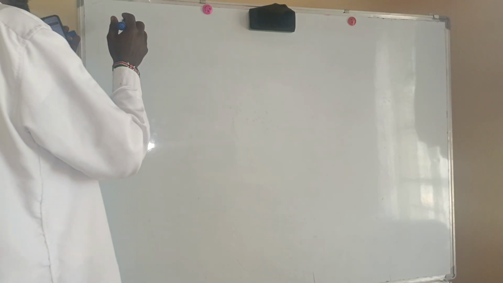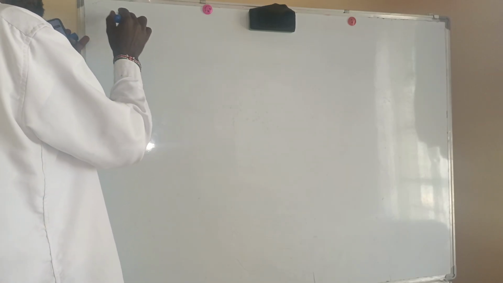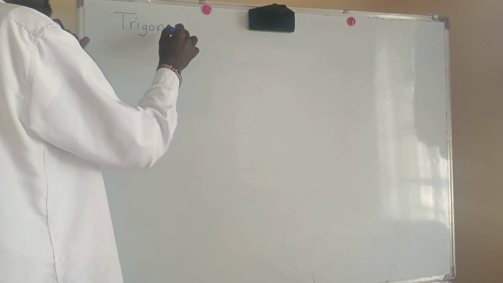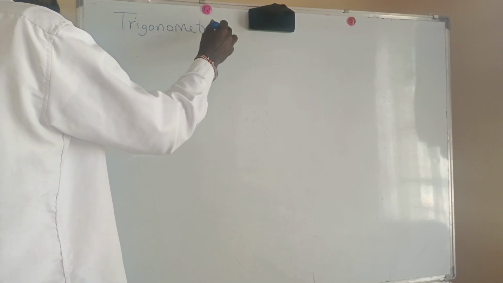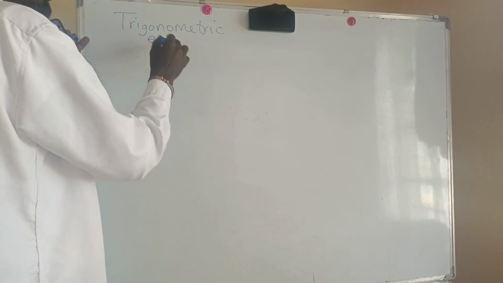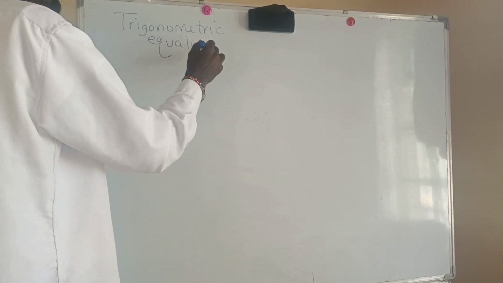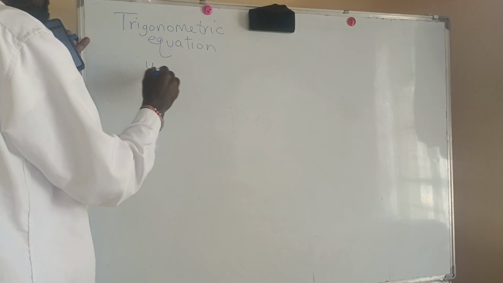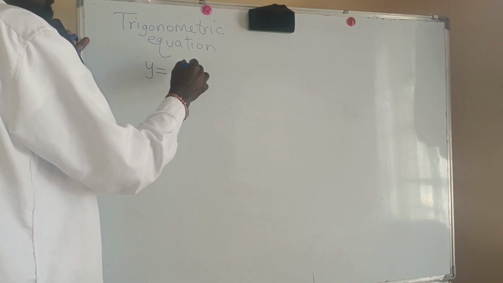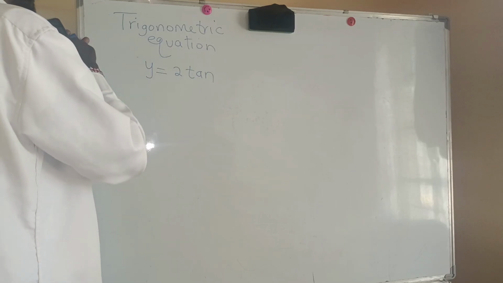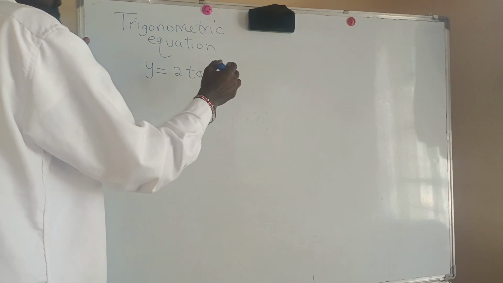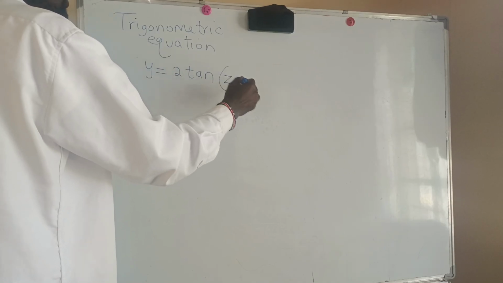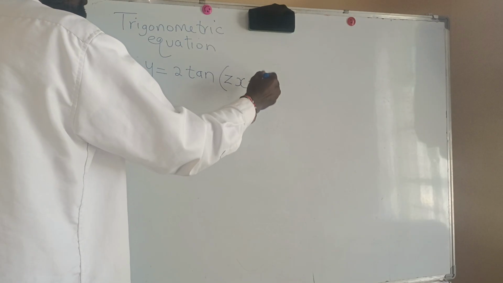They're saying that a trigonometric equation is given as y is equal to 2 tan, then in brackets we have zx less 40.